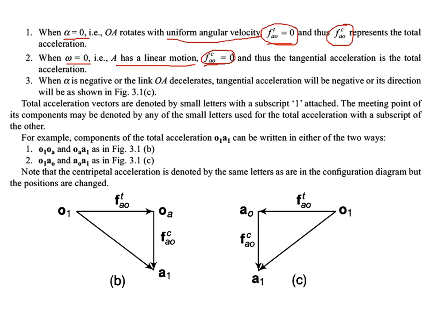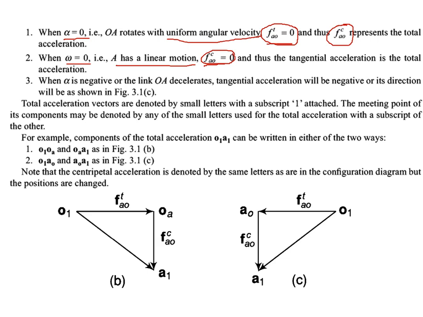So the initial point is O1, and if you want to draw from O1 to A1, you have to use two components: one is the tangential, the other the centripetal acceleration.